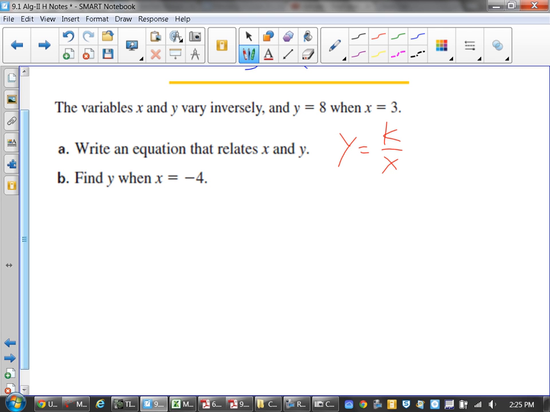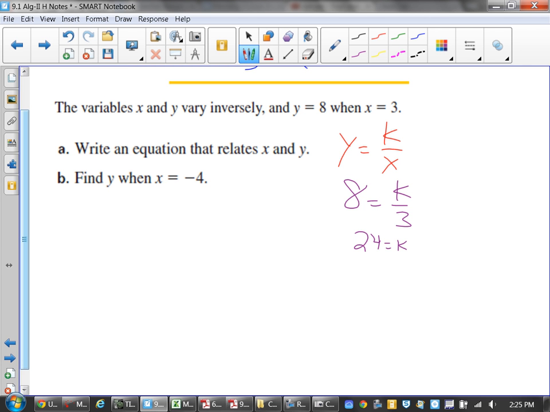Now, if they're telling you what x and y are, what would I do to that equation? You substitute in, right? So I say 8 equals k over 3. From that, what could you solve for? What's k? So by giving you two of the three variables, you can solve for the third.